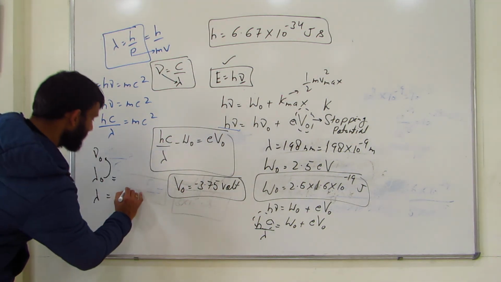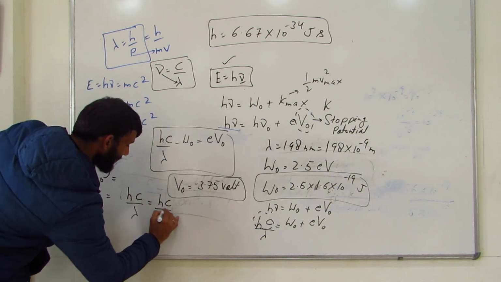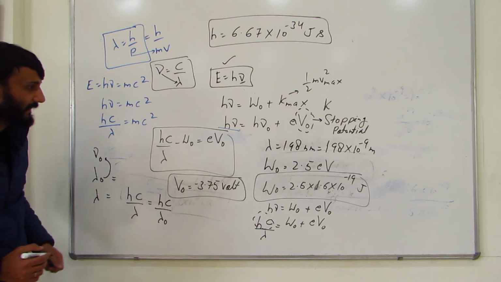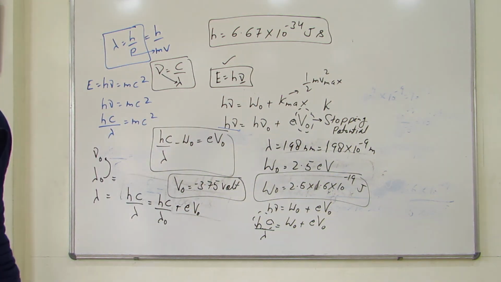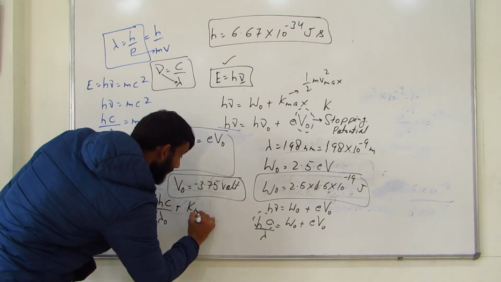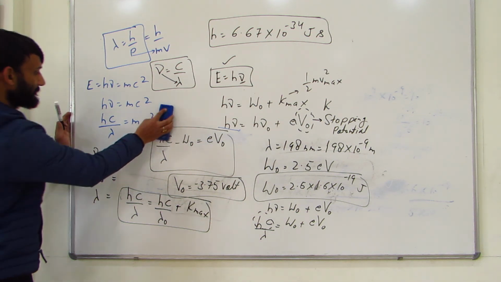So if you write this equation, it will become hc by lambda, and this will become hc by lambda naught. So obviously hc you can take common and then solve it, right? And plus eV naught obviously. But since you are not calculating it in terms of stopping potential, you will write K max because you have to calculate this. So what would the formula for K max become?